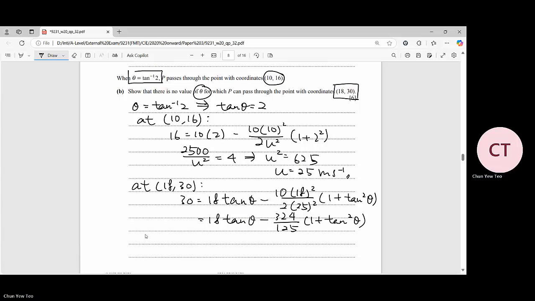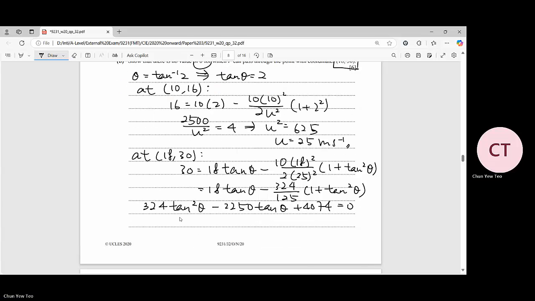If you rearrange it into a quadratic equation, you have 324 tangent squared theta minus 2250 tangent theta plus 4074. Then you just need to check the discriminant. The discriminant is 2250 squared minus 4 times 324 times 4074, which equals negative 217404, and is less than 0.